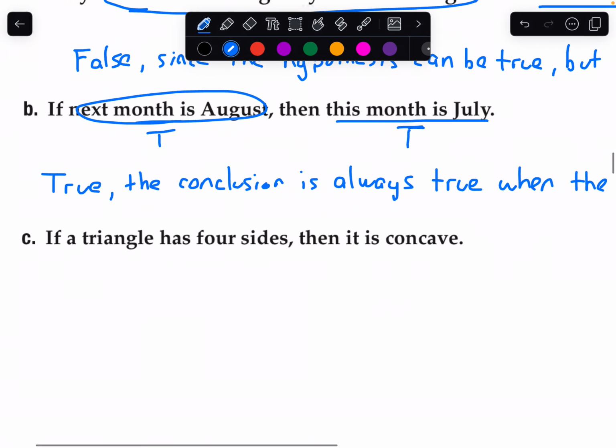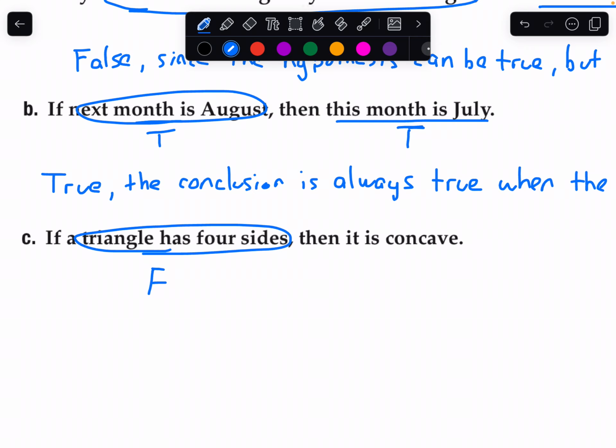Example C. If a triangle has 4 sides, then it is concave. Triangle has 4 sides is our hypothesis. Triangles don't have 4 sides. This is outright false.